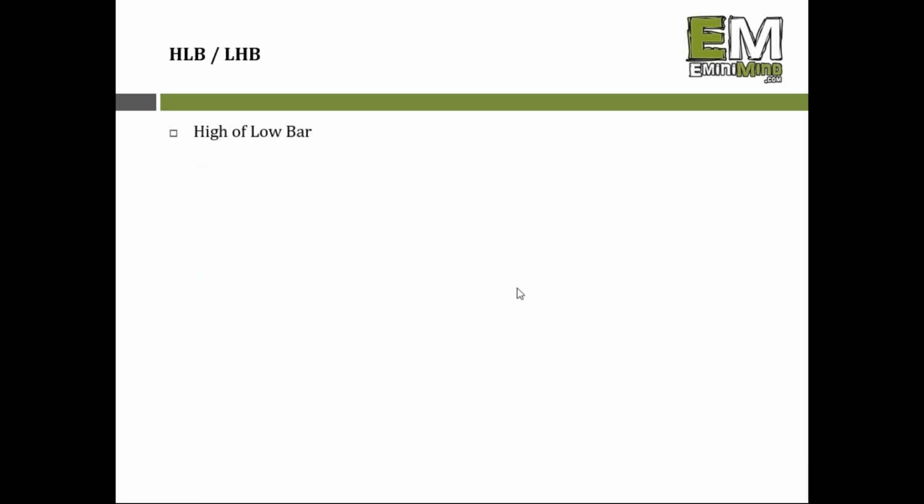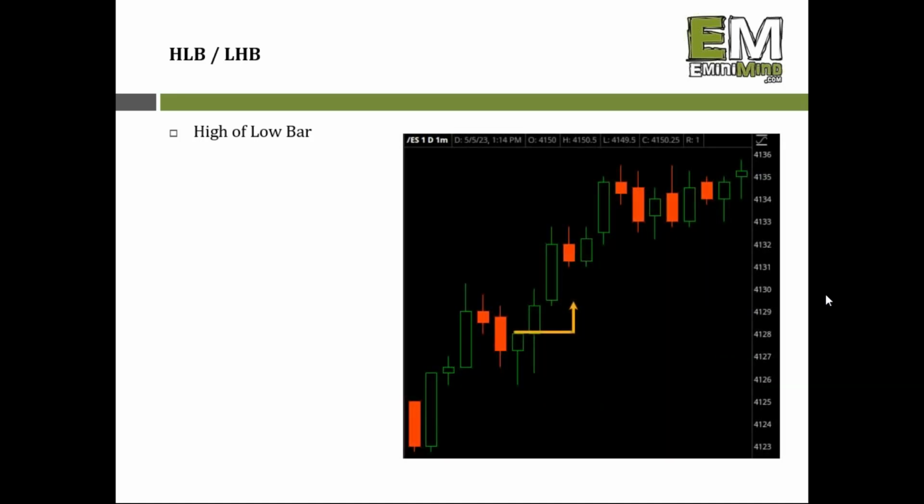So this concept of high of low bar, HLB, or low of high bar, LHB, is just indicating that I want to place my order one tick above the high price of the low bar in the pullback. So if we're looking at this pullback down to the hammer, I'm putting my order one tick above the hammer, and it just so happens to be the lowest bar in the pullback.